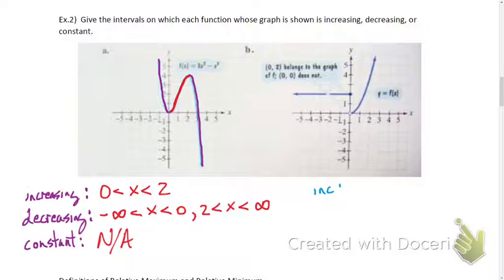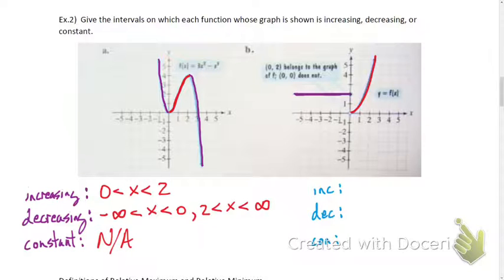Feel free to abbreviate. As long as I can figure out what you're describing, that's fine. All right, let's see. I would say it is constant. Maybe hit pause before I do it and try and do it on your own. But I'm going to do it right now. So here we go. Constant on the purple. And it is increasing during the red.